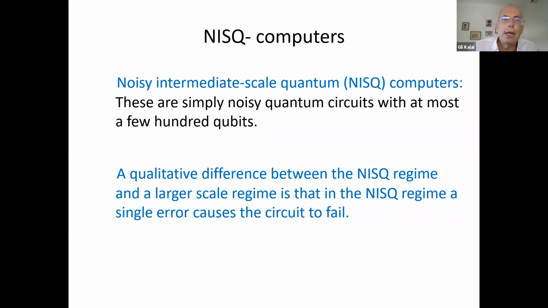Now, this definition sounds a little arbitrary to many people who heard me speaking about it. I would like to explain the conceptual difference between the scale of a few hundred qubits and below and the larger scale. The qualitative conceptual difference between the NISQ regime and the larger scale regime is that in the NISQ regime, a single error in the computation process causes the whole circuit to fail. And this will be clearer later.